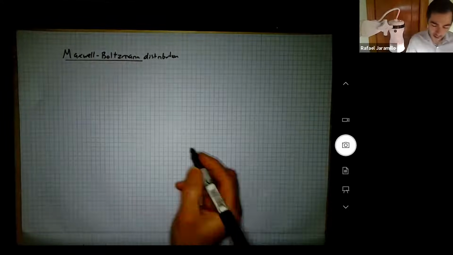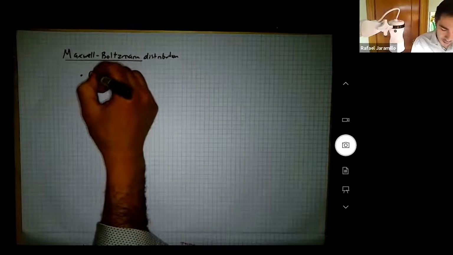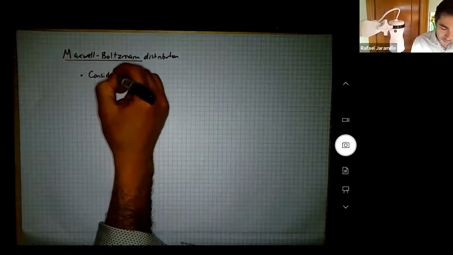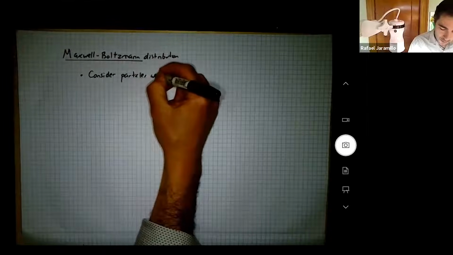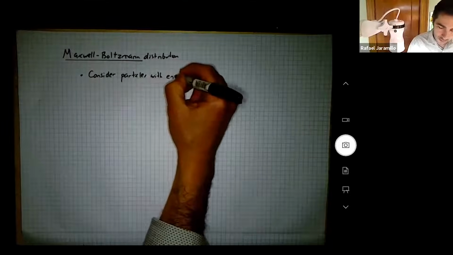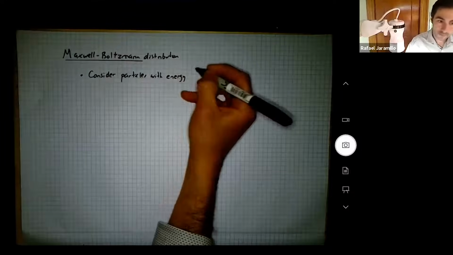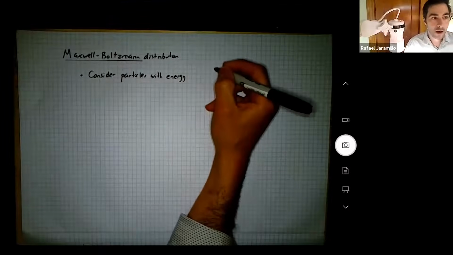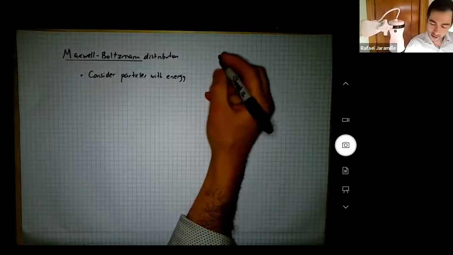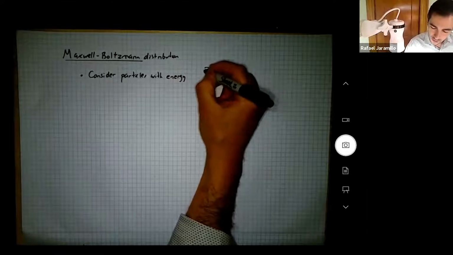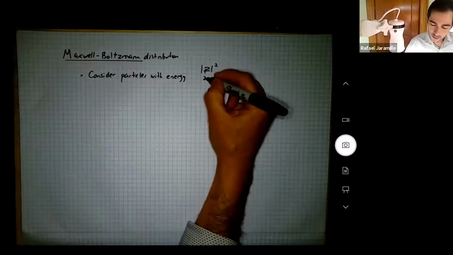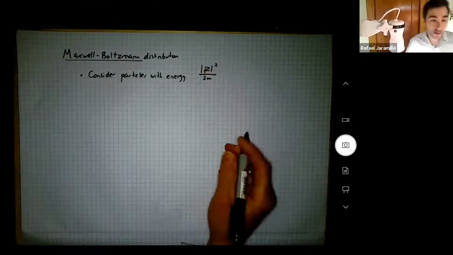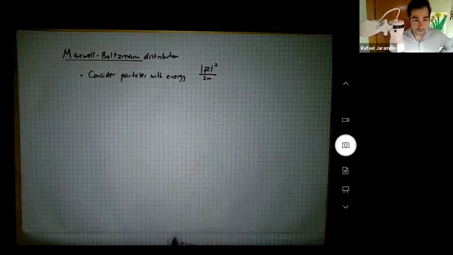So we're going to consider particles with kinetic energy. Kinetic energy is momentum vector modulus squared divided by 2 times the mass. That's the kinetic energy of a particle of mass m.